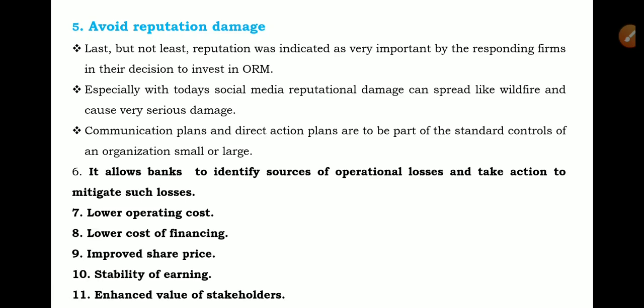Why invest in operational risk management? These are the best reasons, and I can conclude this video on this topic by saying that all organizations benefit from dedicated attention to risk management. It is important to understand that all these factors are linked and affect each and every organization.